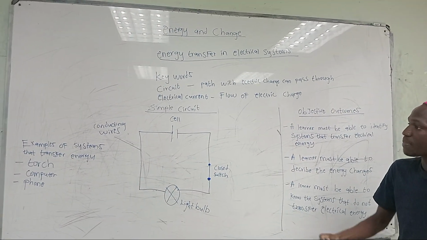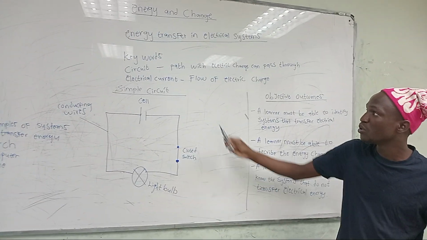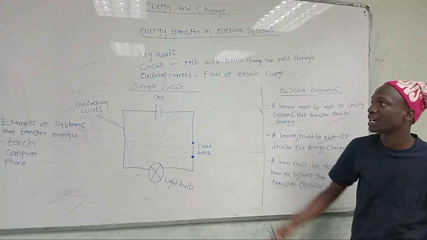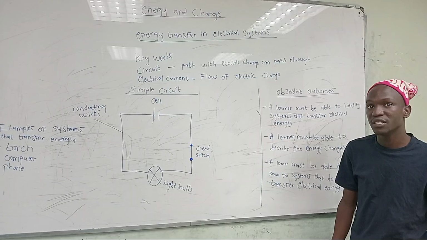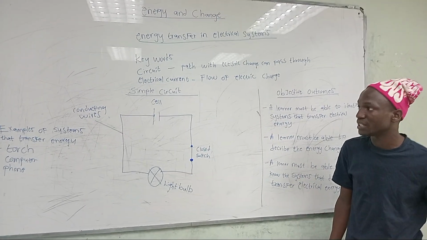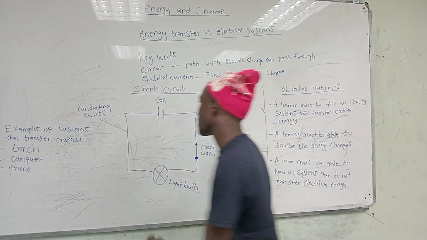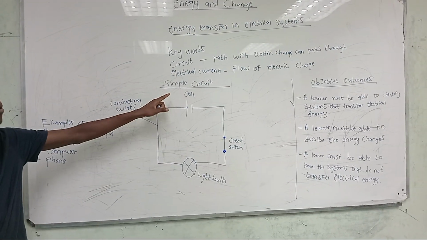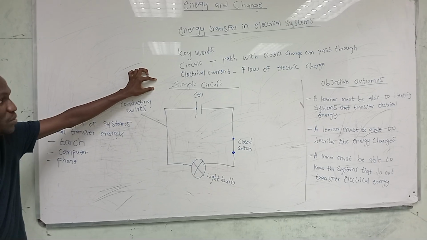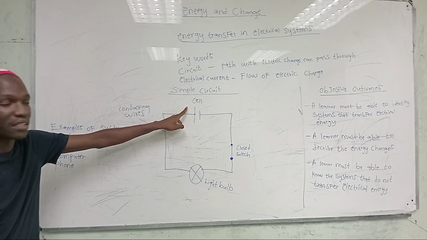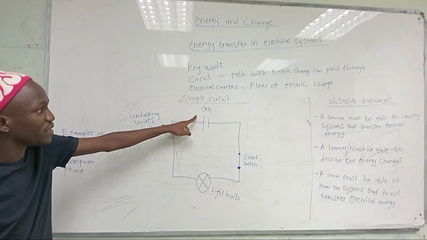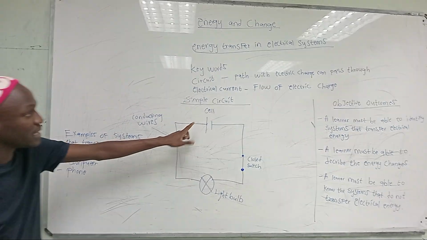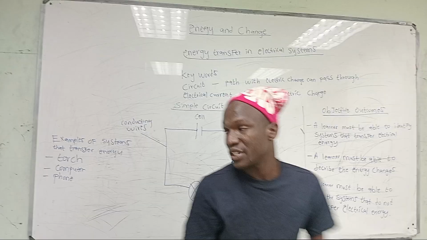Now we know circuit and electric current, which are the keywords that need to be mastered today. We have a simple circuit with a cell, which is the core of this circuit, because without a cell, nothing will function properly.